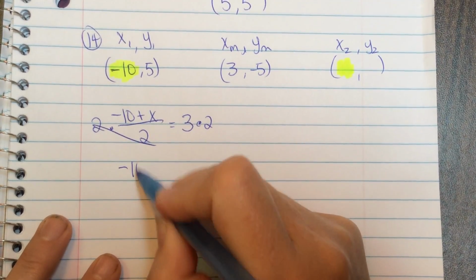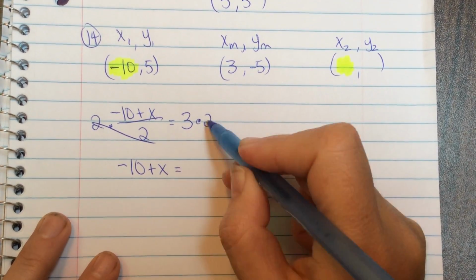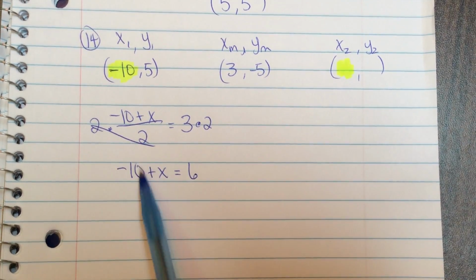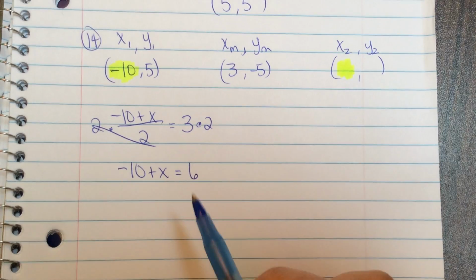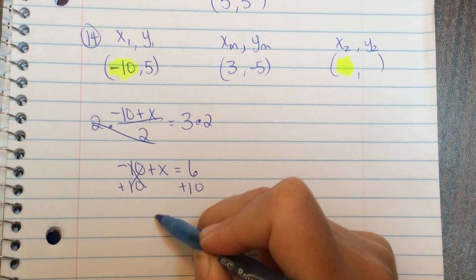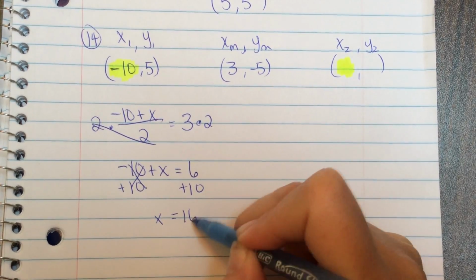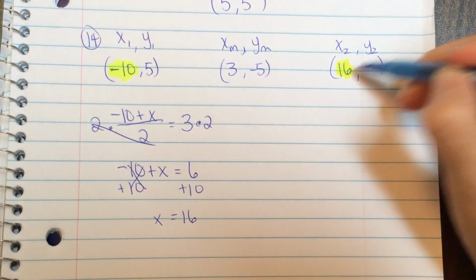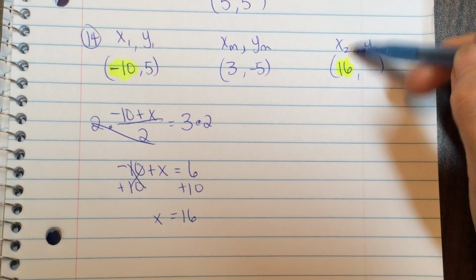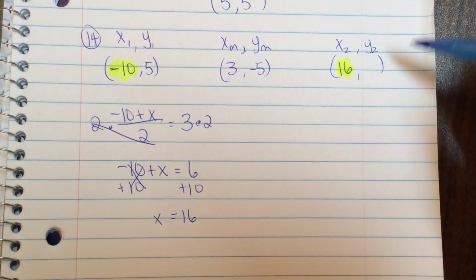And I get negative 10 plus x equals 6. Now I'm just going to solve this equation. So I add 10 to both sides, and I get that x equals 16. So that has to be the answer that we're going to fill in for our endpoint for our x coordinate.